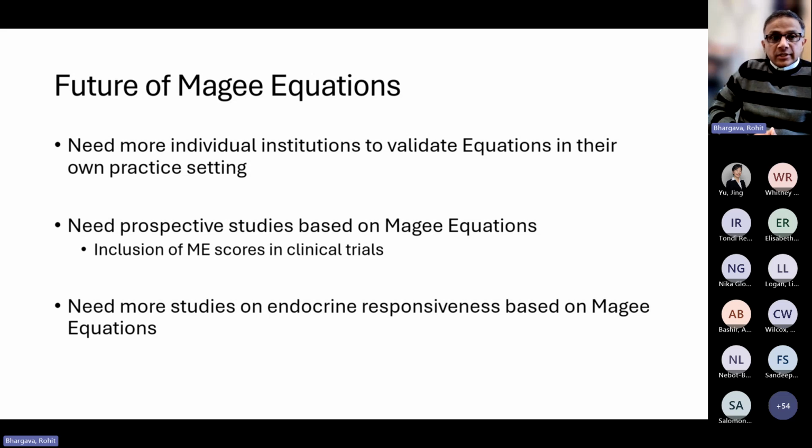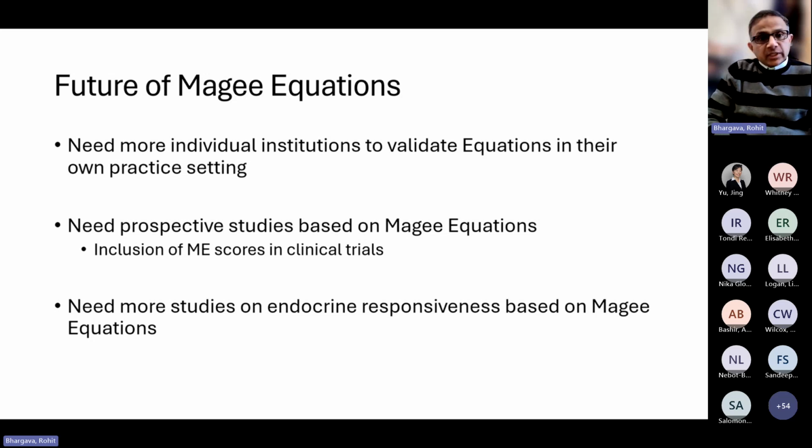So there are certain other things that can be done with Magee equations. If someone wants to implement it at their own institution, obviously it will require validation, just like you bring in a new immunohistochemical stain, you have to validate. Individual institutions, if they want to use it, have to validate in their own practice.